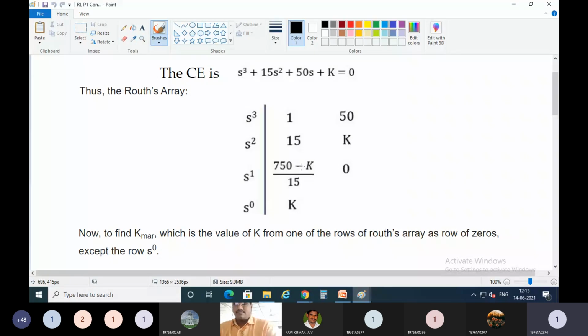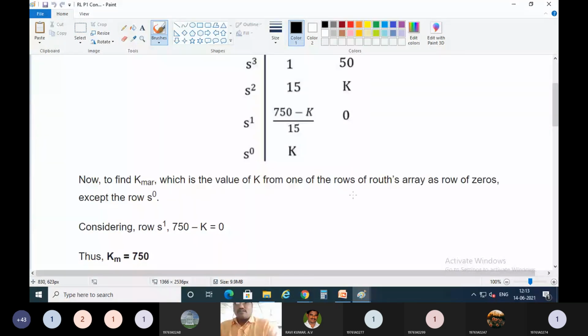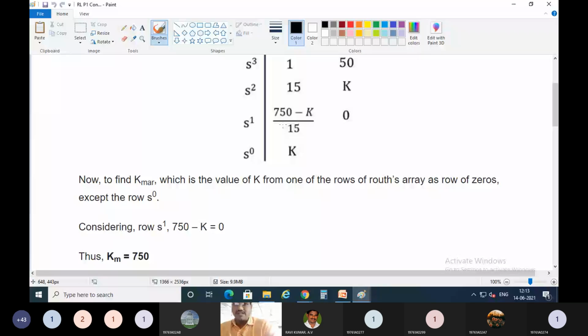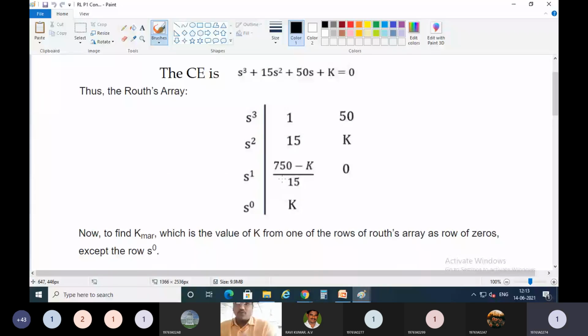If I take K equal to 750, then the entire S1 row becomes 0. Then let us write the auxiliary equation, from the row above the zeros: 15 S square plus K.